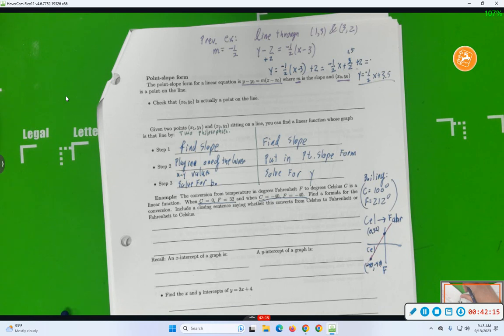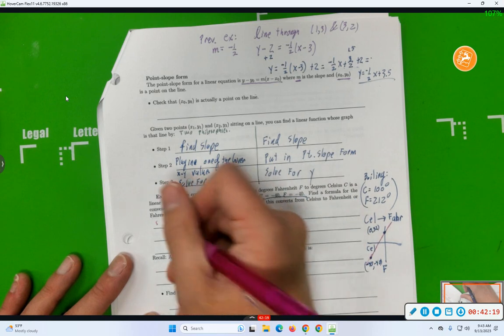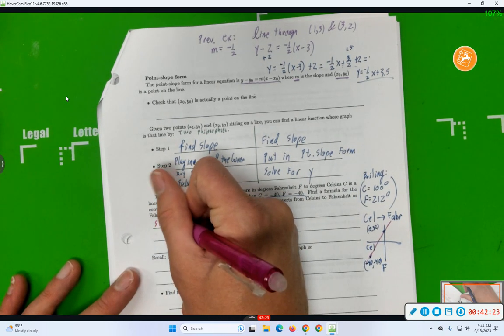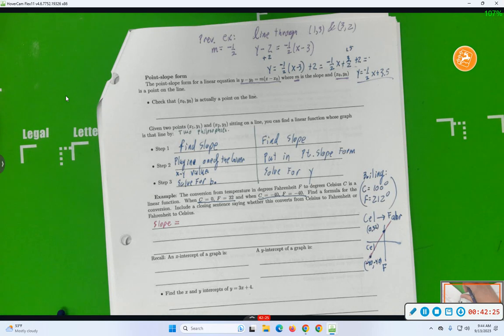All right, let's find an equation for that line. Step 1, find the slope. Good. Looks like everyone's already doing so.